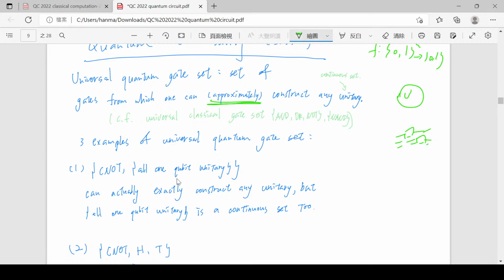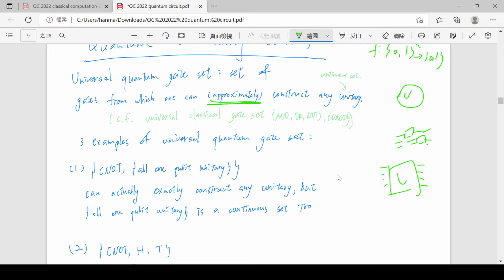And this is quite cool because we limit all non-1-qubit unitaries to just CNOT. Something funny about this set is, I guess, a good and a bad part. The good part is this is an exact set. That means you can construct any n-qubit unitary exactly from things in this set.